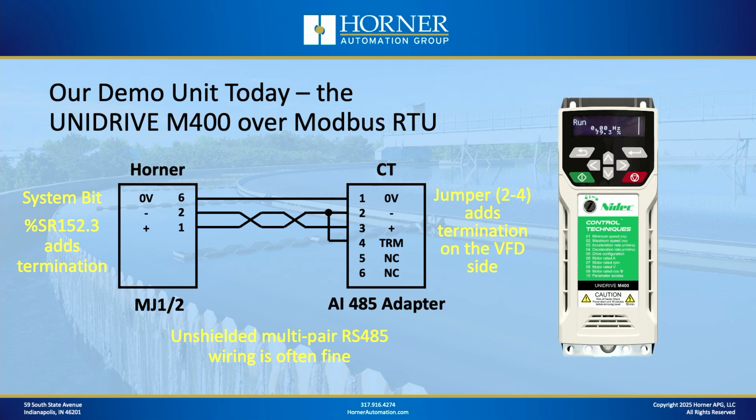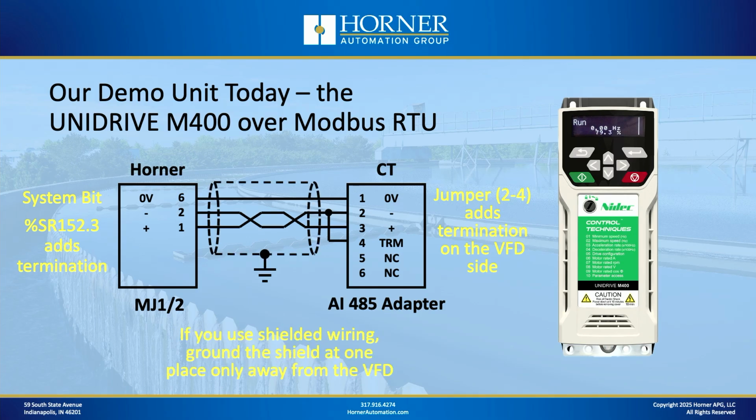Now, another thing I want to mention about the twisted pairs wiring is that you don't necessarily have to use shielded twisted pairs. I'm showing a diagram here with unshielded wiring, and in a lot of cases that works just fine. However, if you are going to use shielding, you must handle the grounding of the shield properly, because if you don't ground your shield, it just acts as a giant antenna, adding the potential for noise and other disruptions to your communication signals.